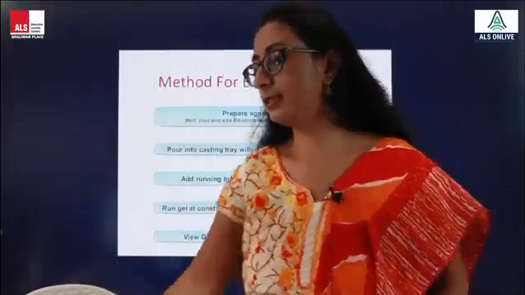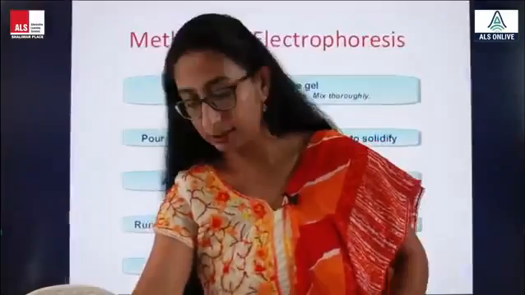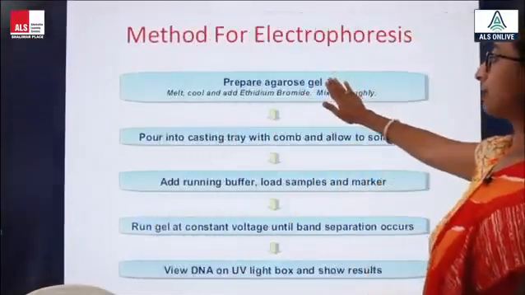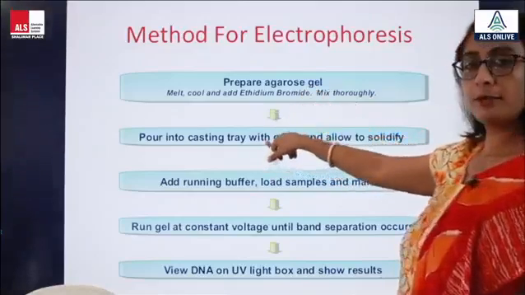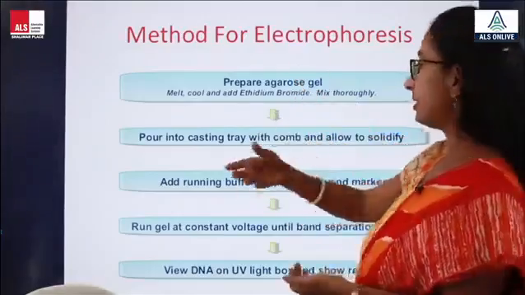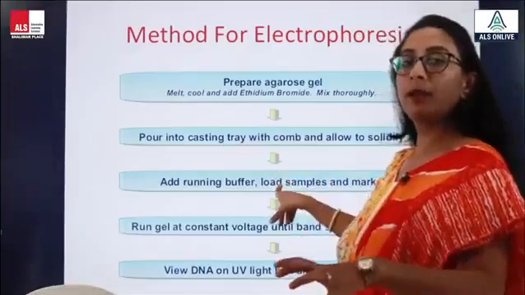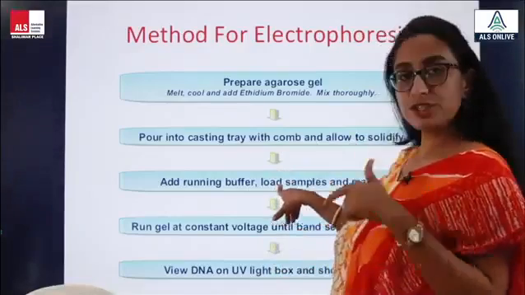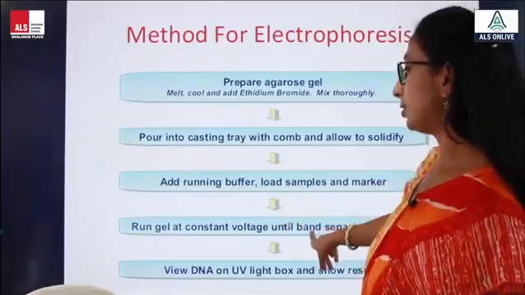Okay, so this is the procedure of how agarose gel electrophoresis is done. First the agarose gel is prepared. Then it is poured into a tray which has a comb, right? You will have a tray, and on that you will place a comb to make the wells. You pour it into that tray, then place it into an electrophoresis unit. You will pour buffer solution, then load your samples inside the wells, and then connect it to the electricity source.